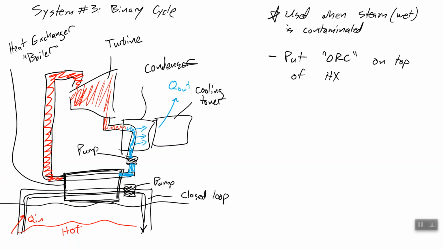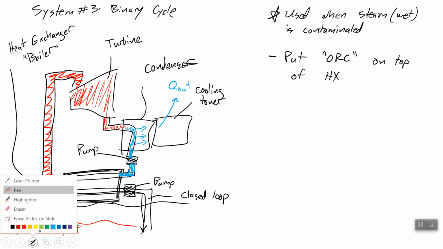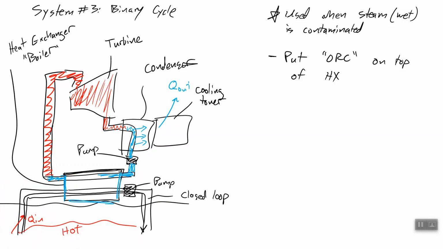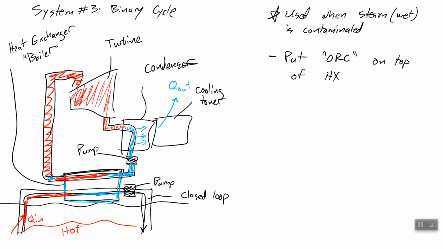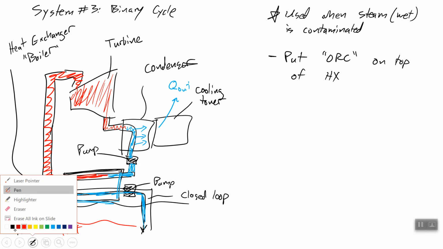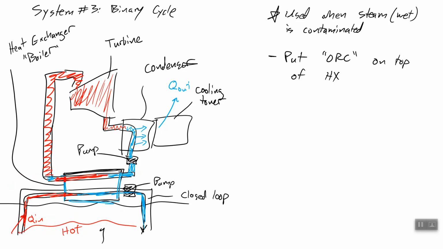Then our pump increases the pressure of our fluid to keep it moving in a cycle. And then we exchange heat with the hot fluid coming out of our reservoir, which gives its energy to our organic Rankine cycle and then goes back into the ground. And that heat is ultimately replenished by the heat coming from the earth.